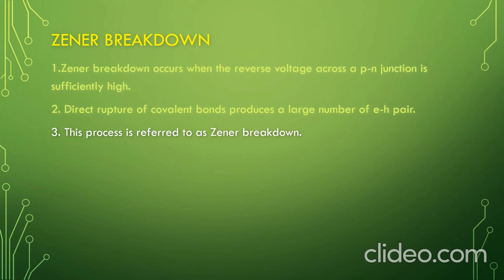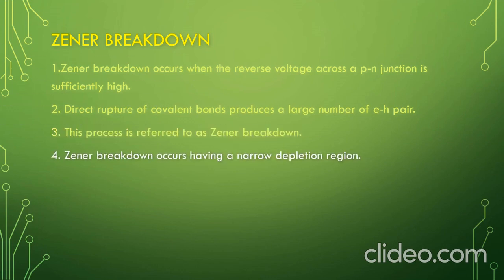Zener breakdown occurs in a junction having a narrow depletion region. With a rise of temperature, the energy of the valence electrons increases so that a lower applied voltage can pull these electrons out of their covalent bonds.